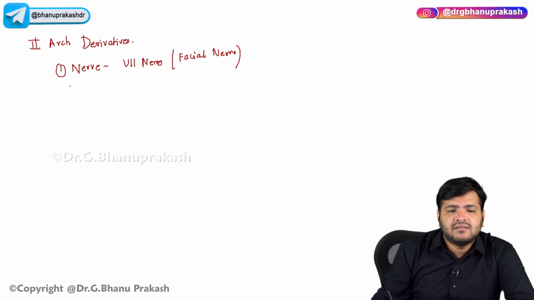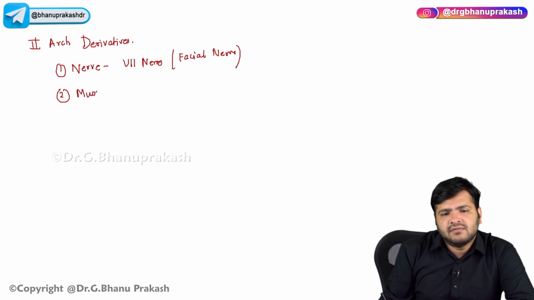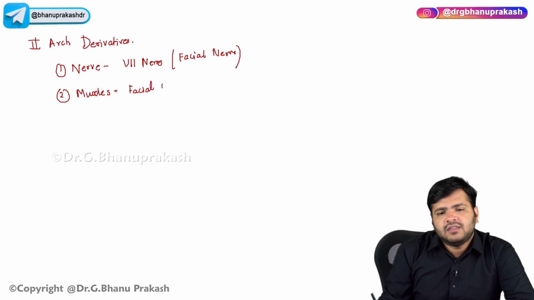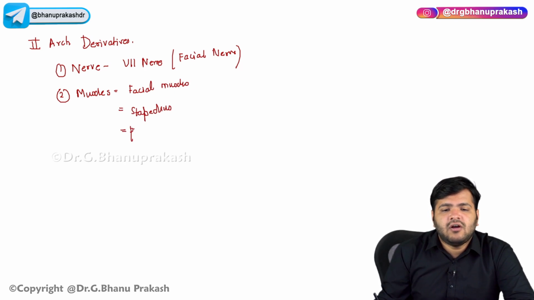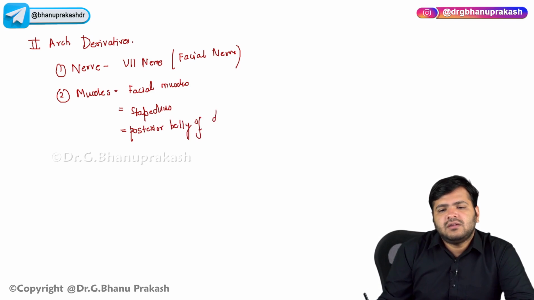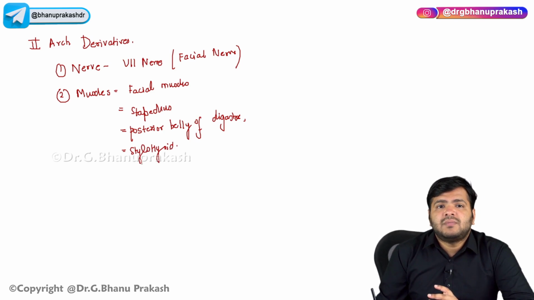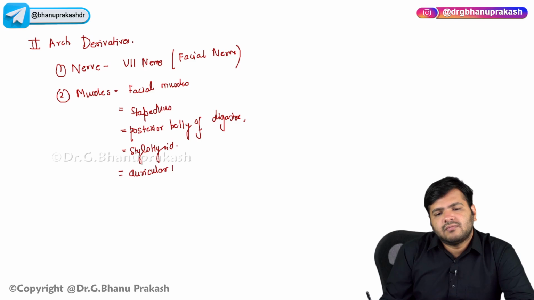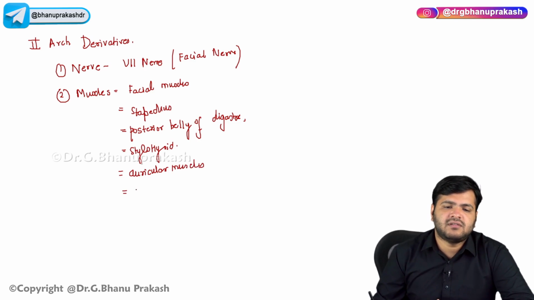So what are the muscles that you will get over here? What are the muscle derivatives? Remember, we have the facial muscles, we have stapedius, we have posterior belly of digastric, we have stylohyoid, auricular muscles, and occipitalis muscle, right?